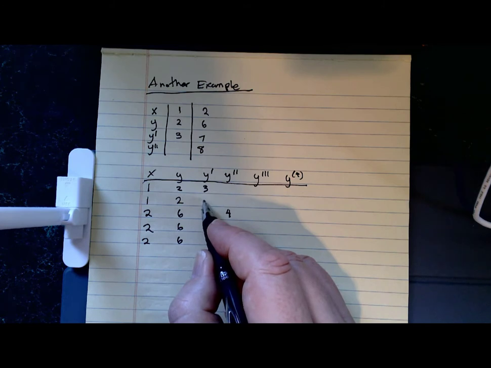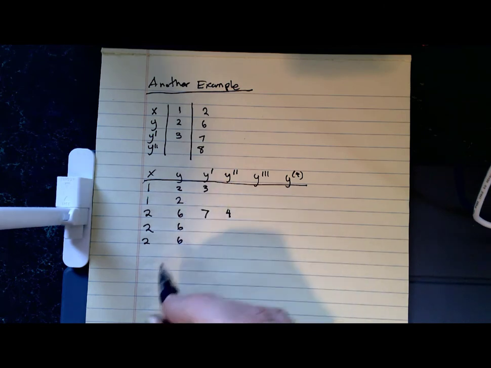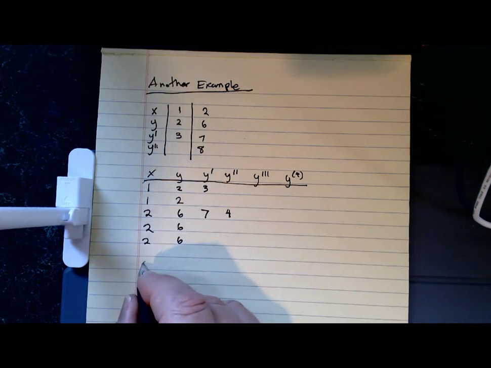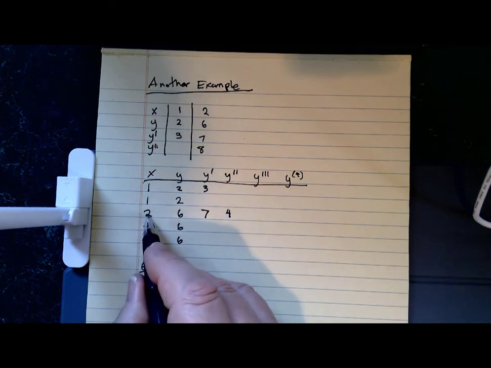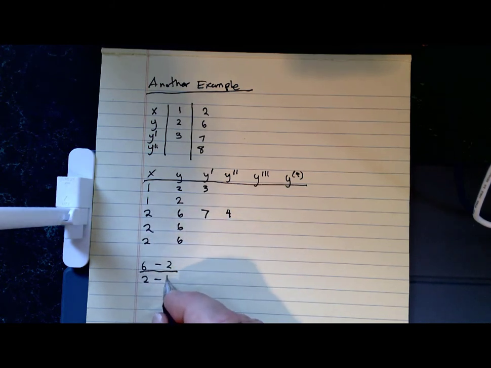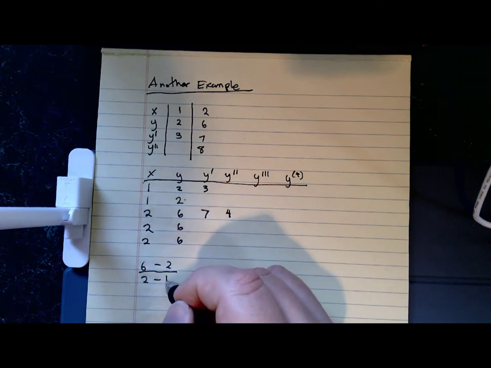I need a number here. To calculate this number, I'll take the difference between these. Okay, so I go 6 minus 2 over 2 minus 1. And so this 2 goes with this 1 right here.